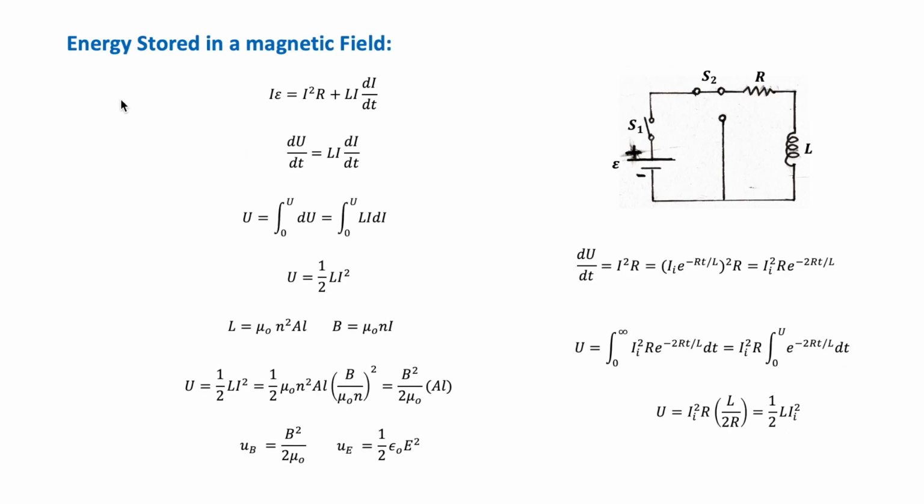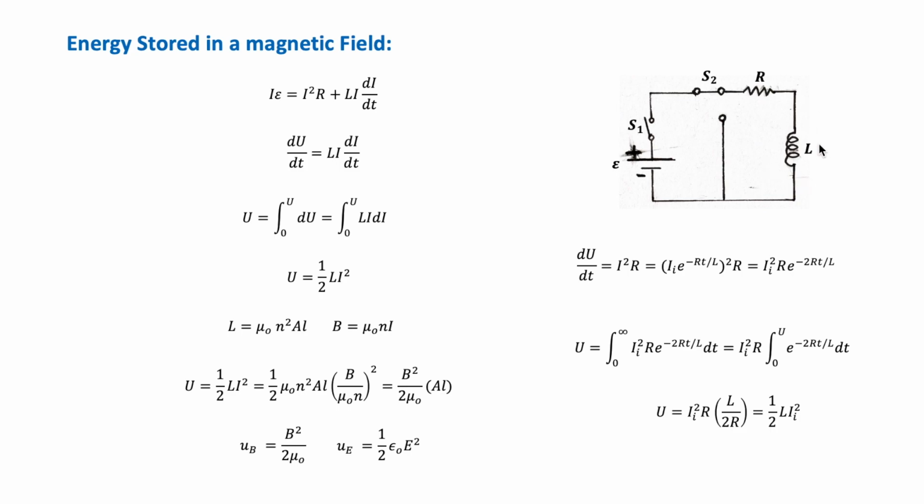So we will now discuss energy stored in a magnetic field. So when S1 is closed, as we have seen, the inductor prevents the current from rising instantaneously to its steady state value of E over R, okay? And during that time, part of the energy supplied by the battery goes as internal energy of the resistor, and the other part is stored in the inductor.